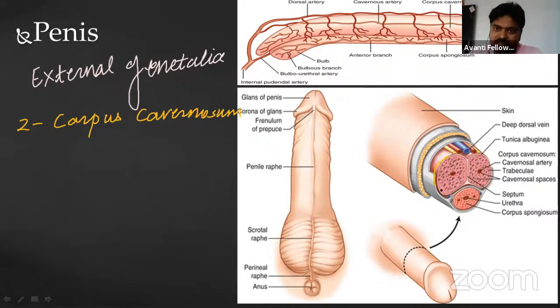You can see these two cavernosum here. And next is the corpus spongiosum. There is one corpus spongiosum.